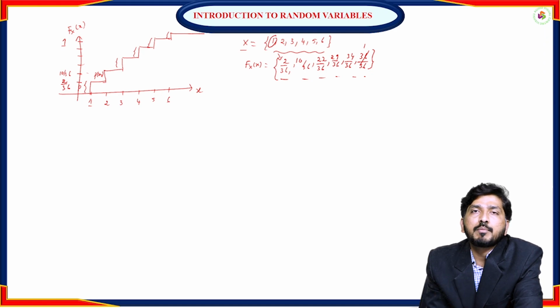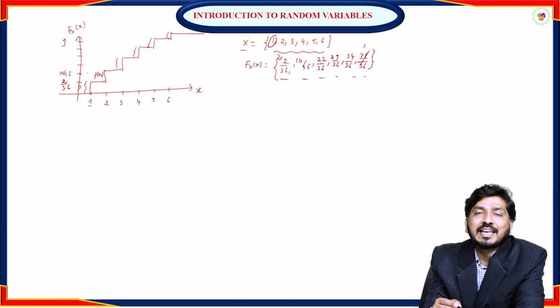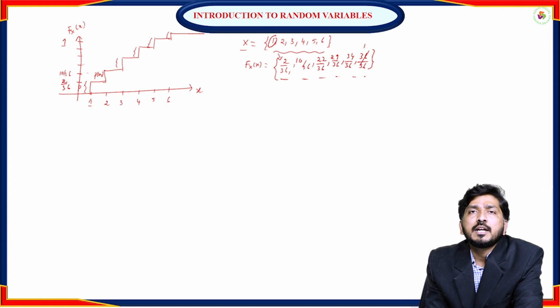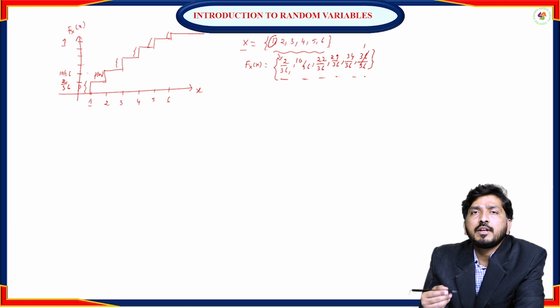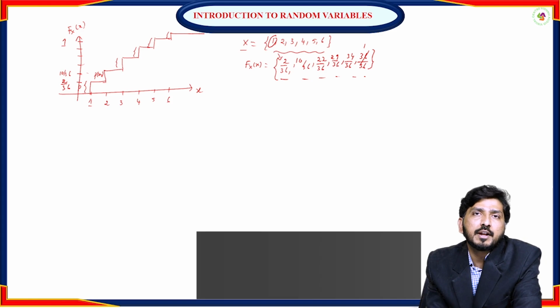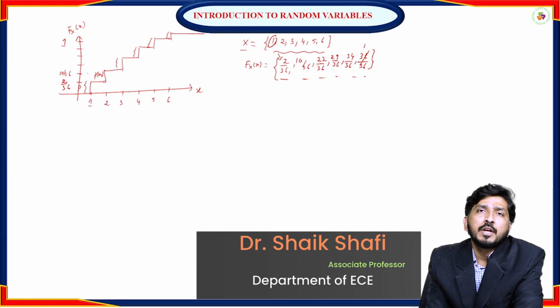Like this you can plot the curve between the distribution function and the random variable. This is what we call the characteristics, the behavior of the random variable. Here the random variable type is discrete in nature, where we have a finite number of values. Like this we can find the behavior of the random variable using the distribution function.